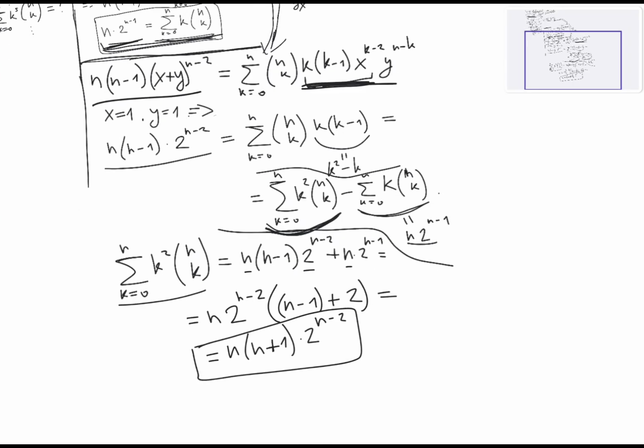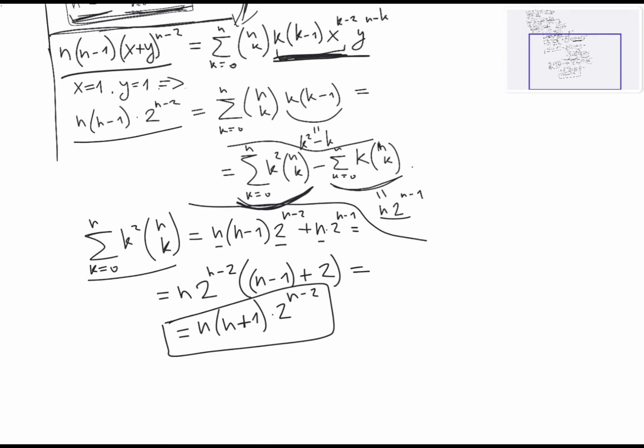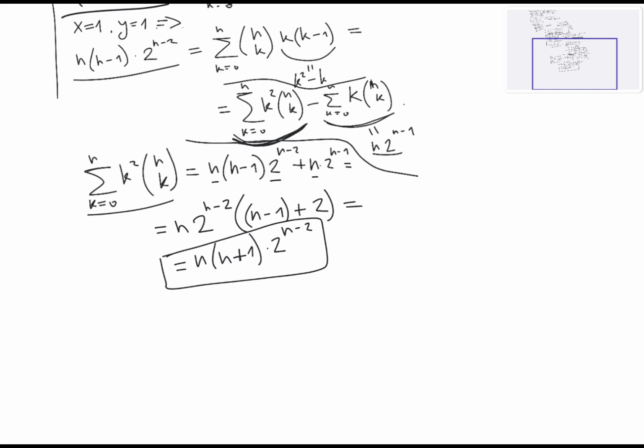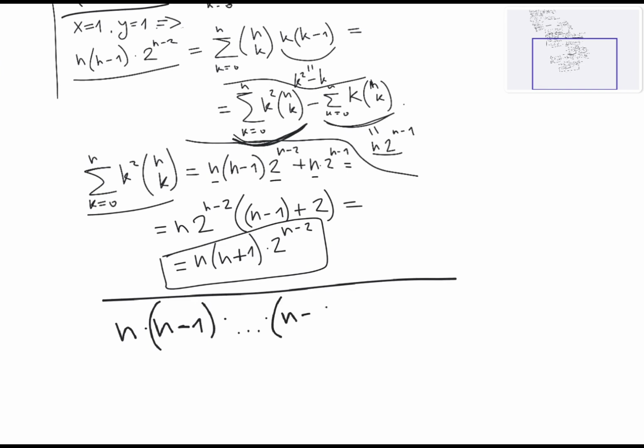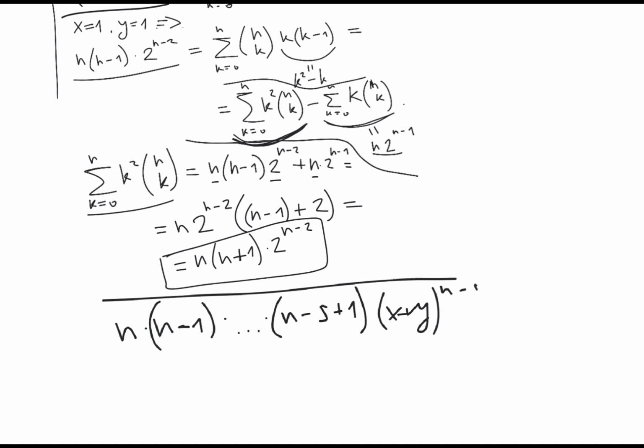Let's write this out. We will get n multiplied by n minus 1, and so on, multiplied by n minus s plus 1, times x plus y to the power n minus s.